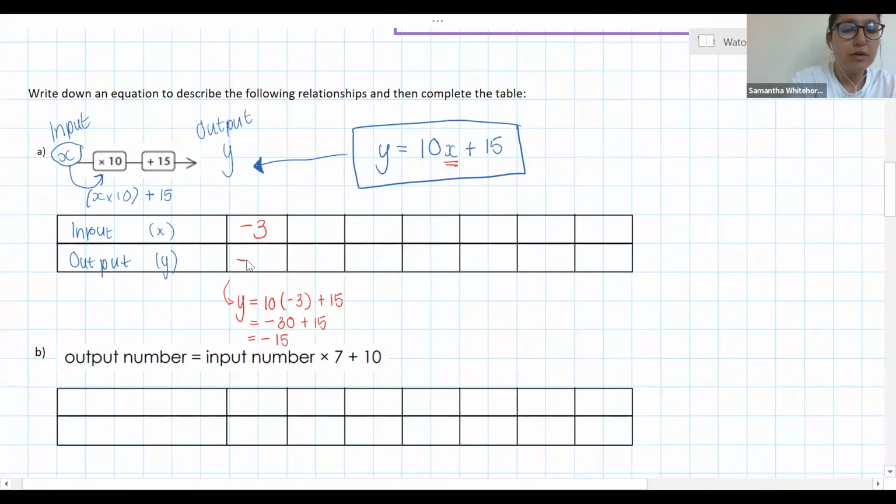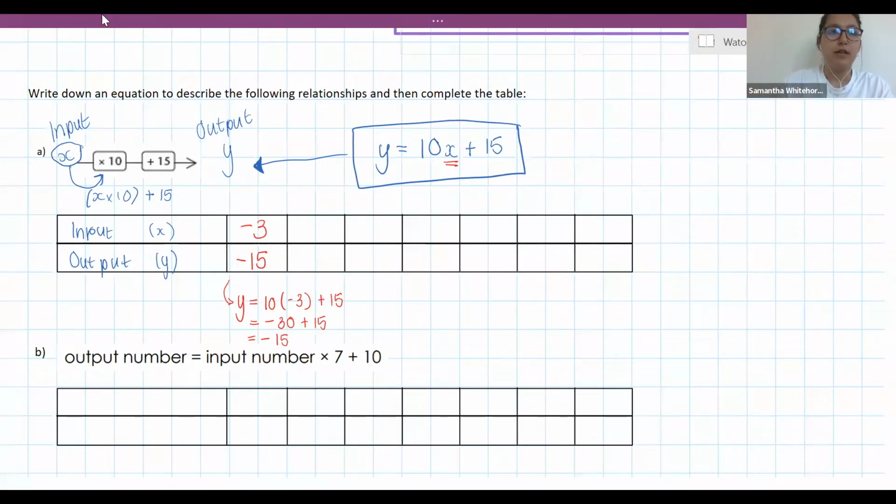So the corresponding output when my input is -3 is -15. By applying the specific rule I have, whether it's an equation or a flow diagram, I'm able to take an input, do the operations to it, and get my output.